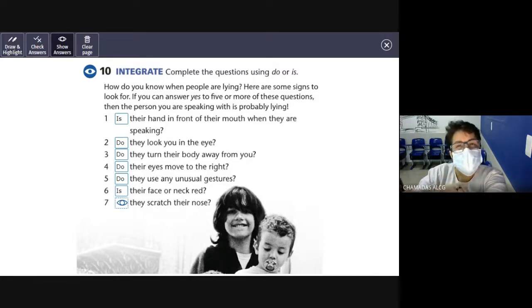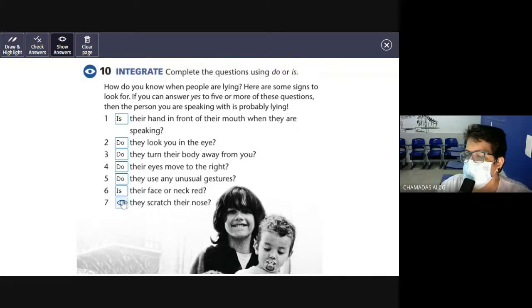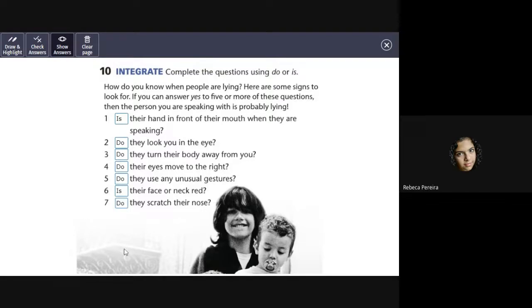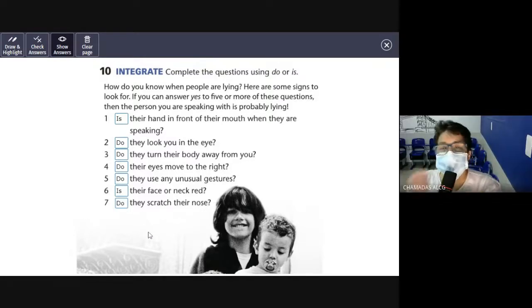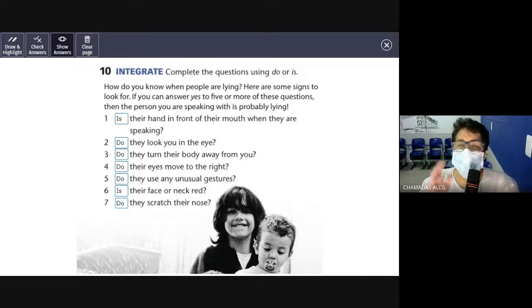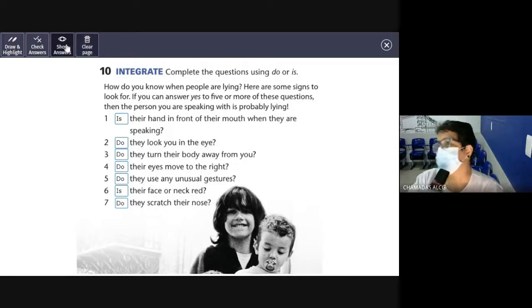If a mosquito bites me, I scratch, okay? So scratch is a verb. So here should be do. Do they scratch their nose? So this is very typical. If someone is lying, the person either touches the nose or scratches the nose or the ear sometimes, okay?